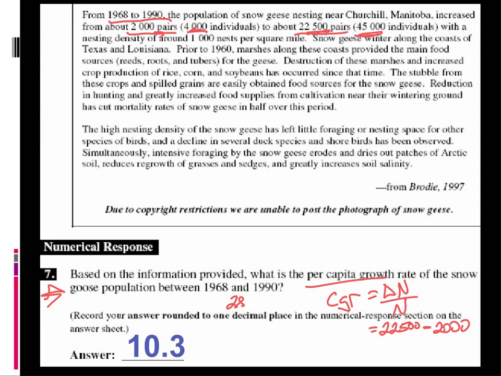That's going to equal a value, sorry, I'm running out of room here, of 20,500. So that is our change in N. That's how many pairs we went up by.